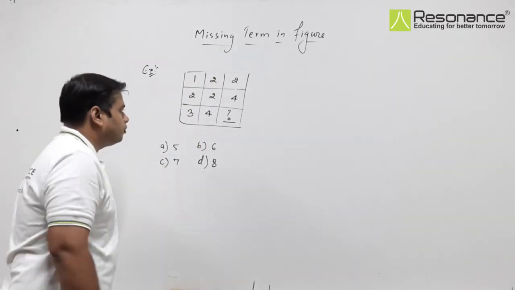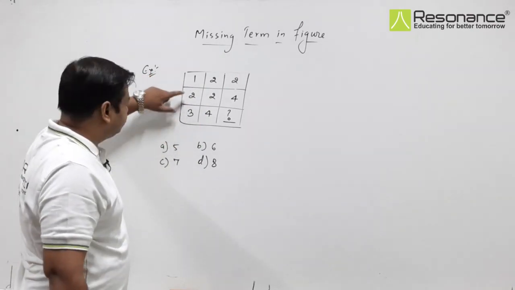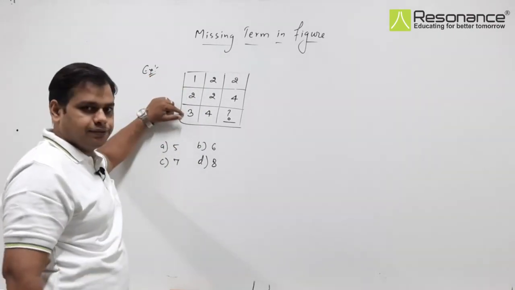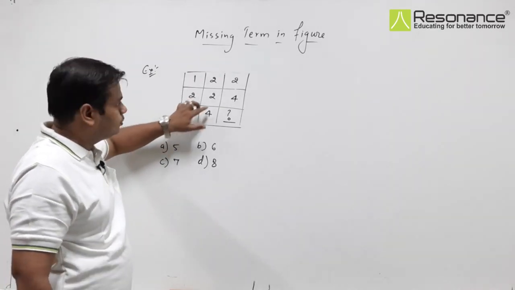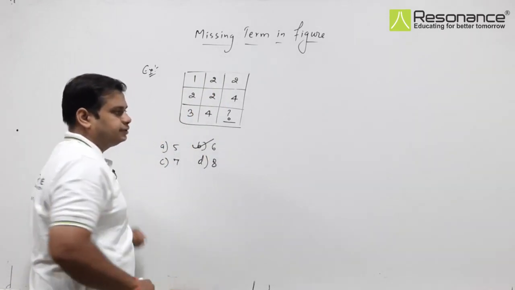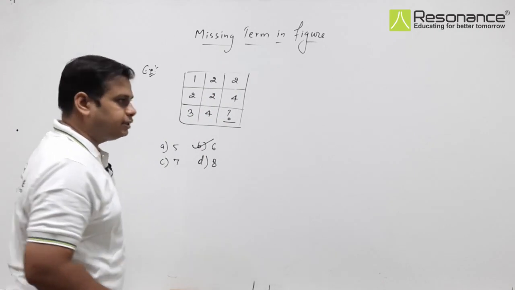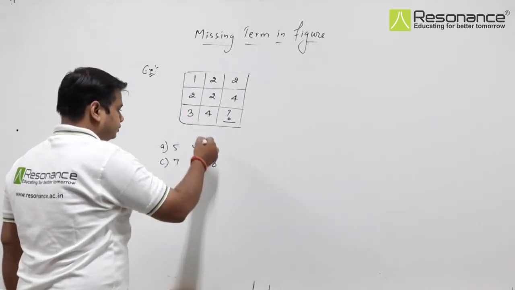Like this we have to apply. As you can see, if we apply column wise, 1 plus 2 becomes 3, 2 plus 2 becomes 4, so 4 plus 2 becomes 6. So according to that 6 is the correct answer. So we have applied the logic column wise.